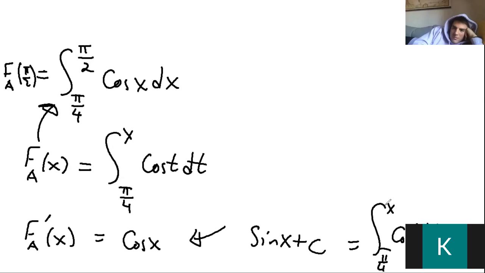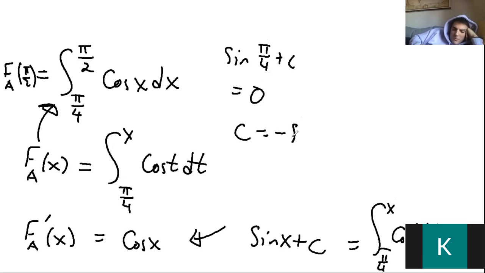The only nice value to plug in is pi over 4, because the integral from pi over 4 to pi over 4 is 0. So I see that sine of pi over 4 plus c is equal to 0. That means c is equal to minus sine of pi over 4.